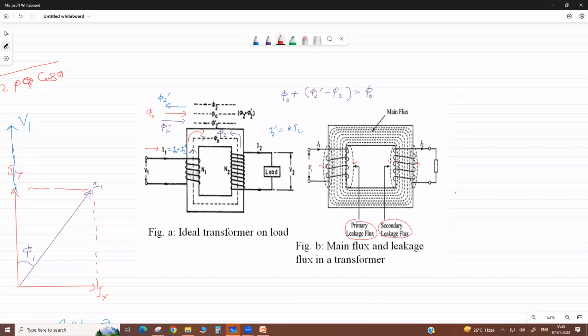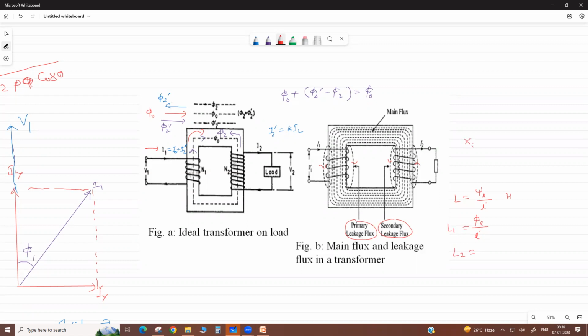Due to this primary leakage flux, there is an inductance. You know what inductance is? It is total leakage flux linkage per unit of current, in Henry. That is, leakage flux of primary divided by current of primary gives you L1, and similarly L2. L1 and L2 are the leakage inductances due to leakage flux.